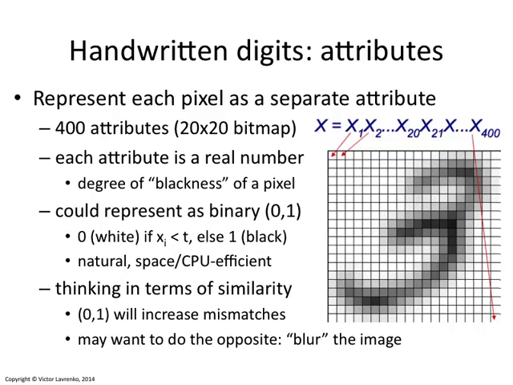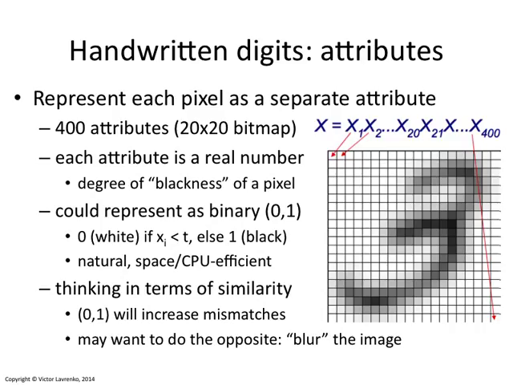It's the amount of blackness. So one representation that you can use for this data is to represent each pixel as its own attribute. It's particularly simple, and it has many problems, but it does work. So if we have a 20 by 20 bitmap, this means that we have 400 attributes.